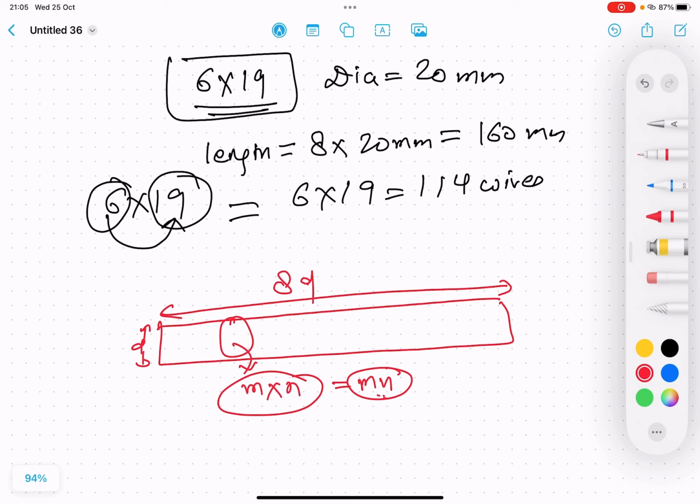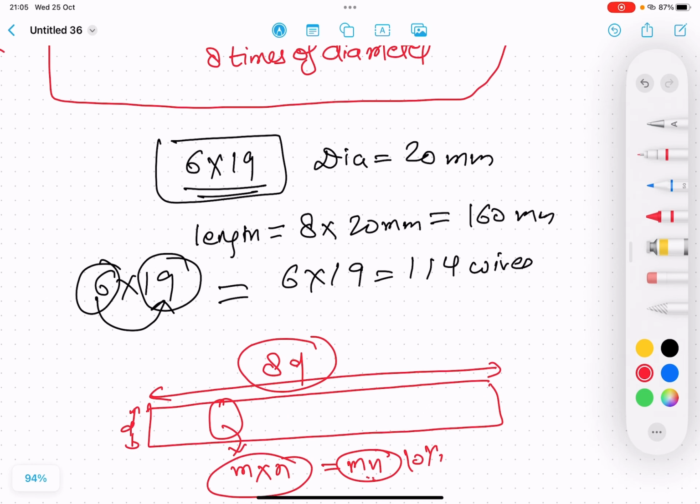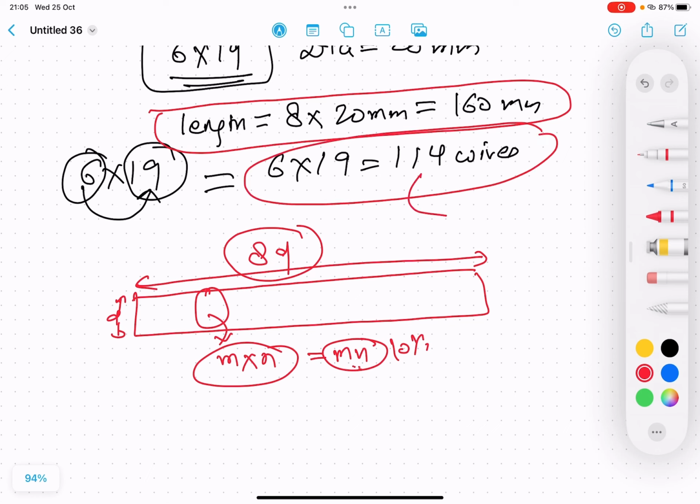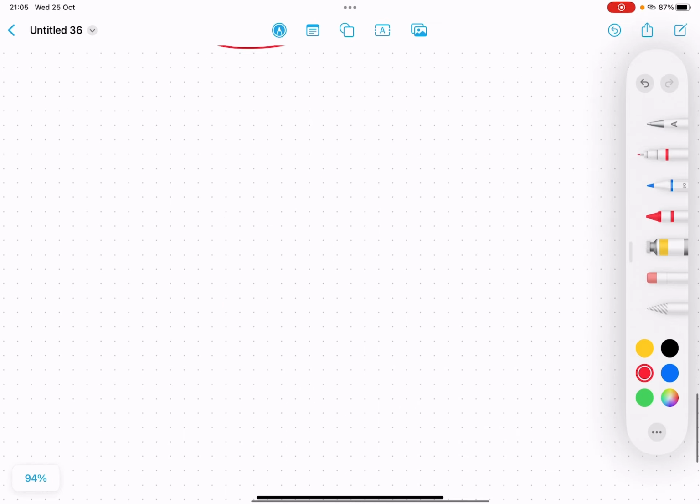Whatever we check in this 8d length, the number of broken wires must be less than 10% of these mn wires. In this case, 6 into 19, diameter 20 mm, the length is 8 into 20, 160 mm, the number of wires is 114, and 10% of 114 is 11.4, let us say 11 wires. If the number of wires damaged in a length of 160 mm is less than 11, then it is acceptable. If it is more than 11, then it is not acceptable.